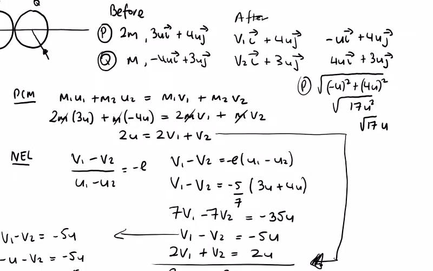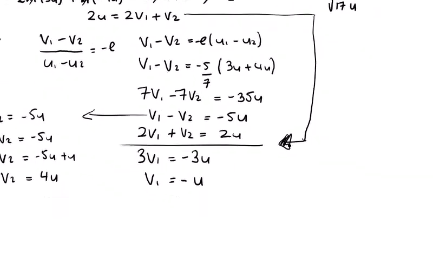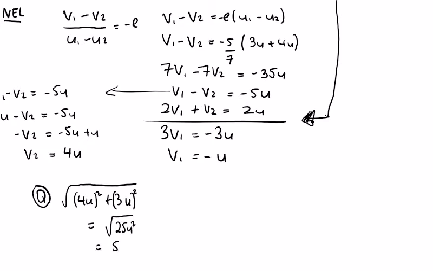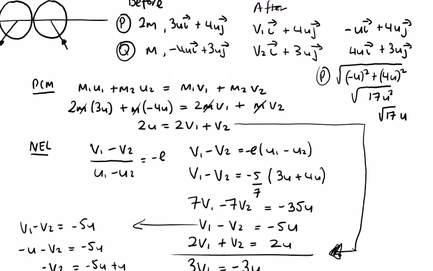So for Q, it's a 4 and a 3, so I'll do it down here. Q, the square root of 4u squared plus 3u squared. And that's like my 3, 4, 5 triangle, so the square root of 25u squared, which is equal to 5u. So they're the speeds in part 1 they're looking for.